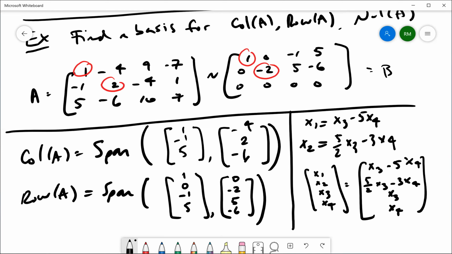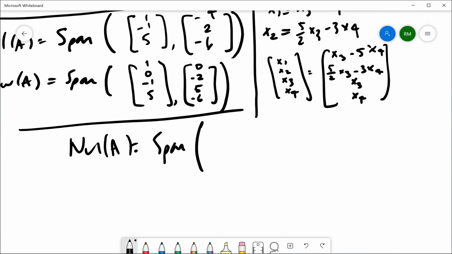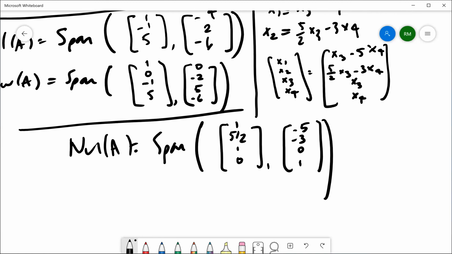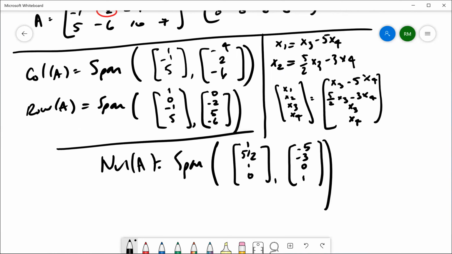So if I do a little work there, this should tell me that the null space of A should be the span of (1, 5 halves, 1, 0) and (-5, -3, 0, 1). All right, so that should be the span of the null space.